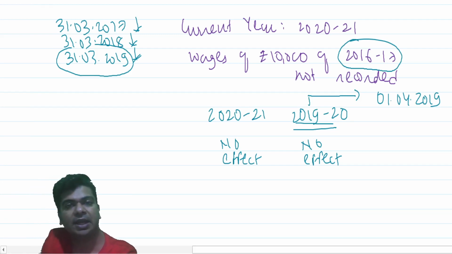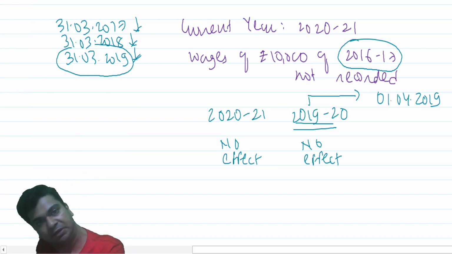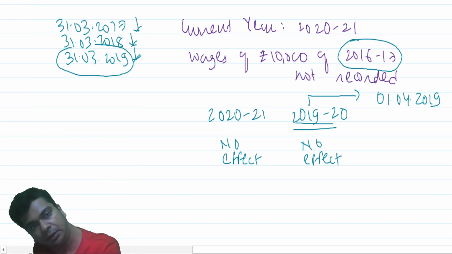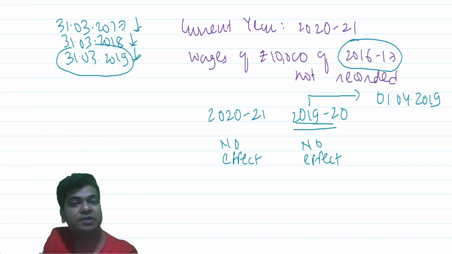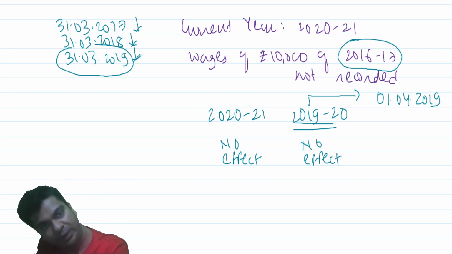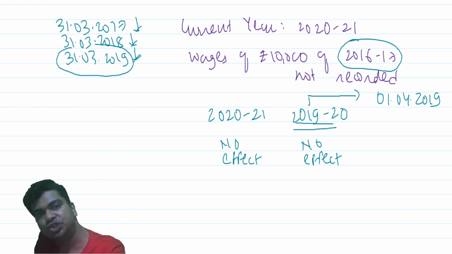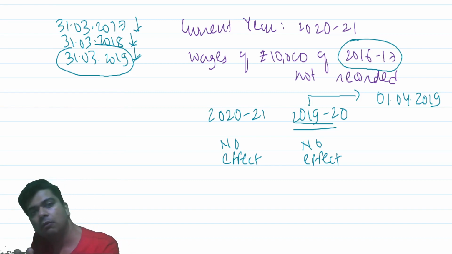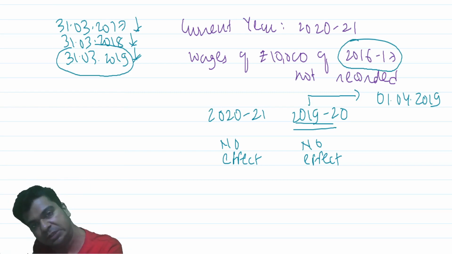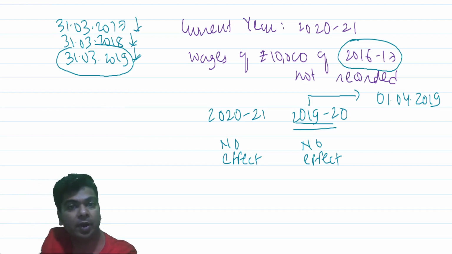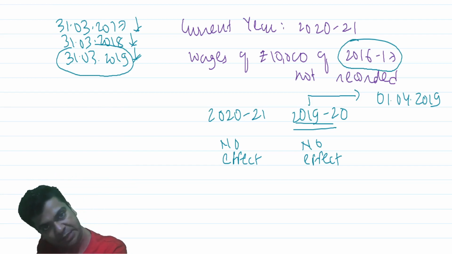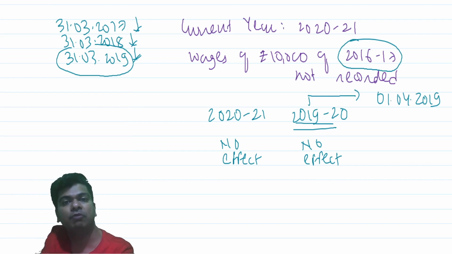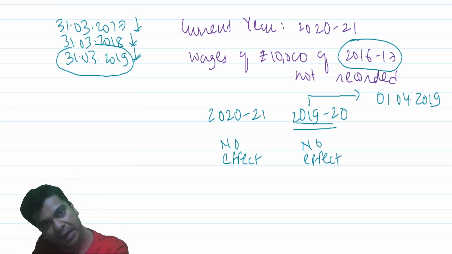If it is affecting any asset, give the effect in the asset. If it is affecting any liability, give the effect in the liability. Or if it is affecting any item of equity, then the item of equity will be adjusted. Very quickly: once you detect a prior period error, ask yourself, is the prior period error for the previous year for which comparatives are given?